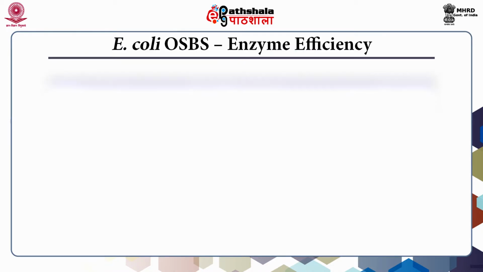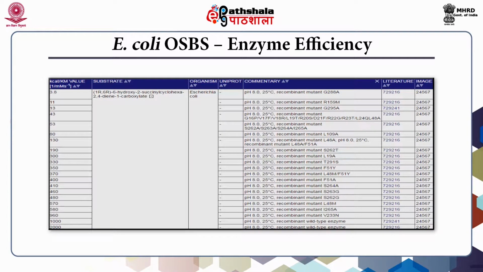In addition, the kcat/Km ratio list for E. coli reveals that the wild type enzyme is mutated twice at position 51. In addition, the mutant at position 51 has another mutation at position 48.